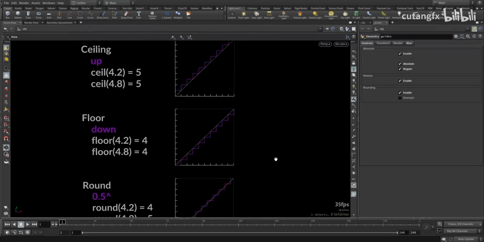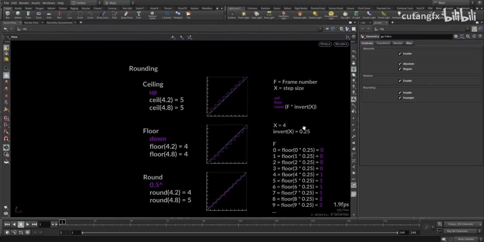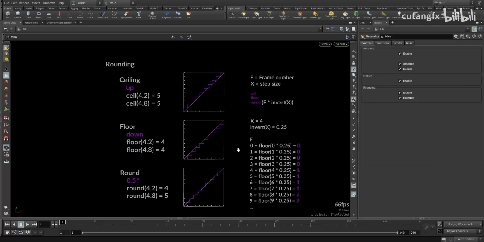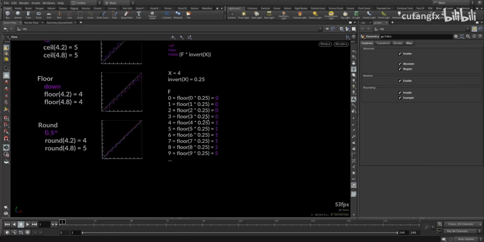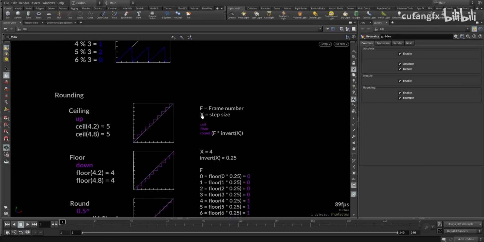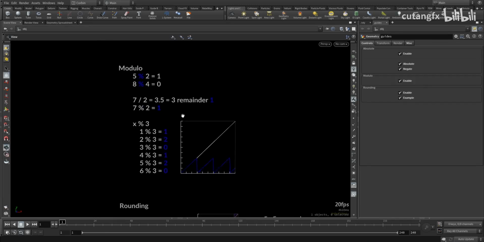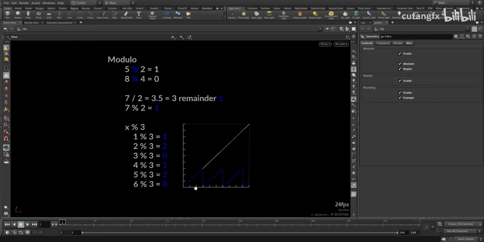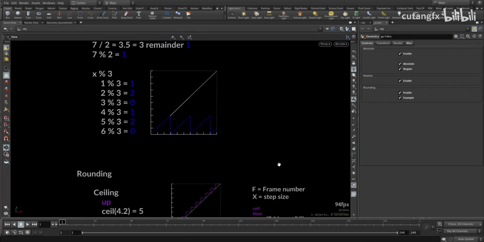Okay, so let's have a look at what we can now do with that rounding that can be quite useful for us. I've shown you here with modulus how we can have things increasing and then resetting, which is often something that we want in some of our settings.